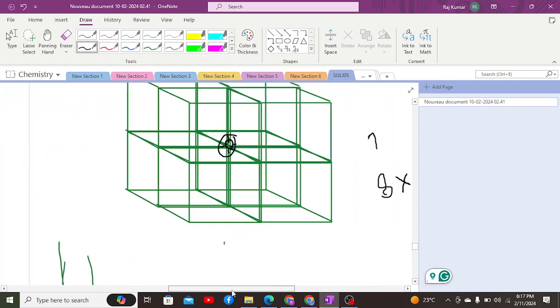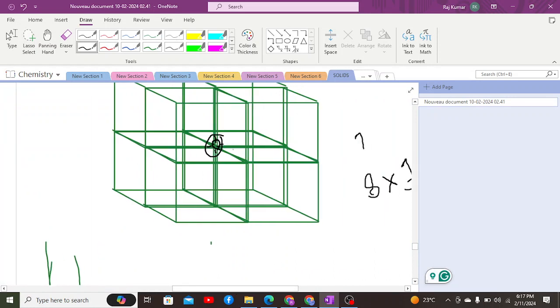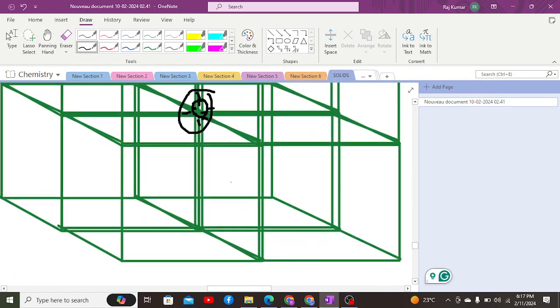How? Let's see. Suppose we talk about this face, an entire face. That entire face will have six chloride atoms on the faces, such that if there is one atom on this face, then this face will be sharing this single atom with the other face.